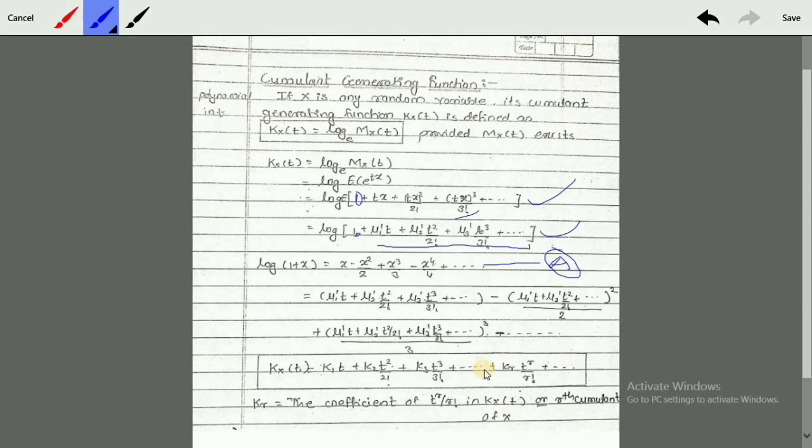And this Kx(t) is expressed in the form of t with coefficients K1, K2, up to Kr and up to infinity. How can we find the Kr value? So Kr is the coefficient of t raised to r upon r factorial in Kx(t). So just put the value of r and you will get the value of K1, K2, K3, K4.